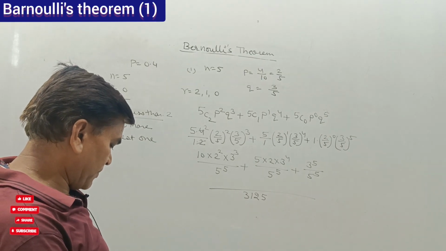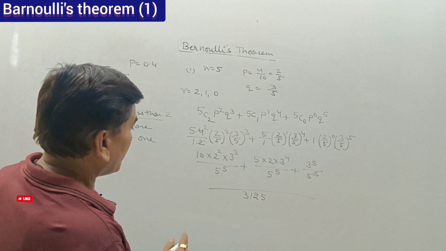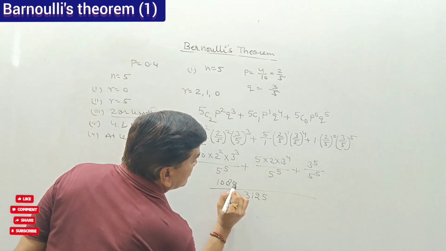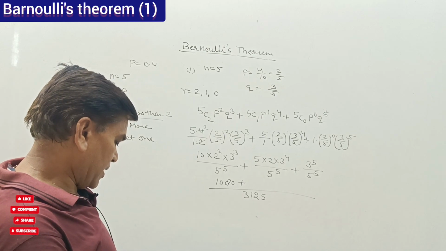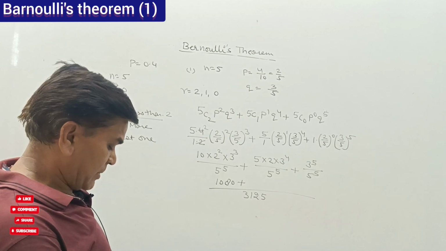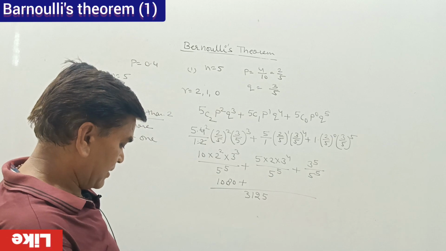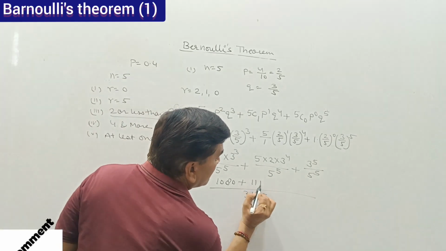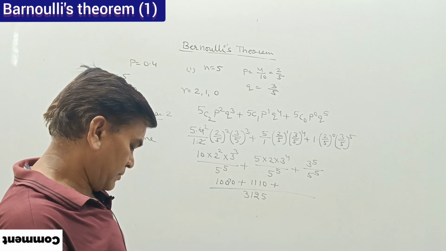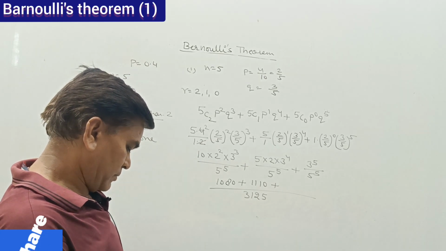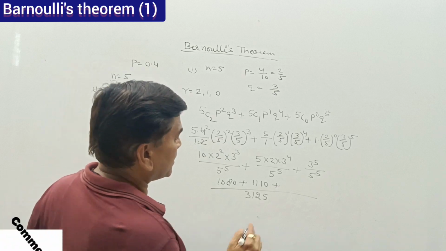27 multiply 4 multiply 10, 1080, plus 27 multiply 3 multiply 10, 810, plus 243.